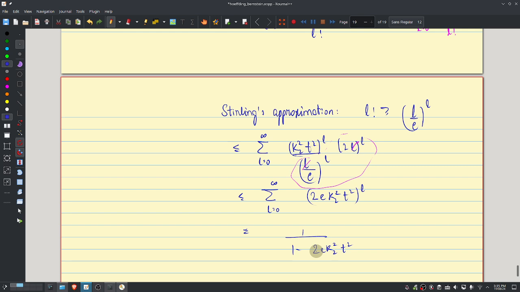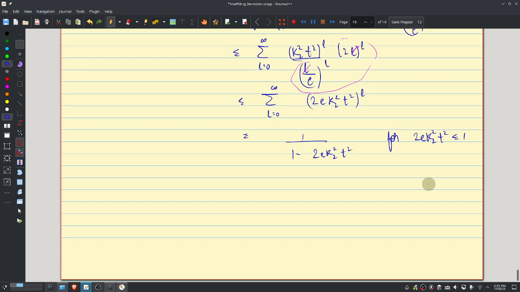Correct, exactly. So what condition should that follow? So this whole quantity should be less than 1. Less than or equal to 1, or mod t less than or equal to 1 over root 2e k2 square.